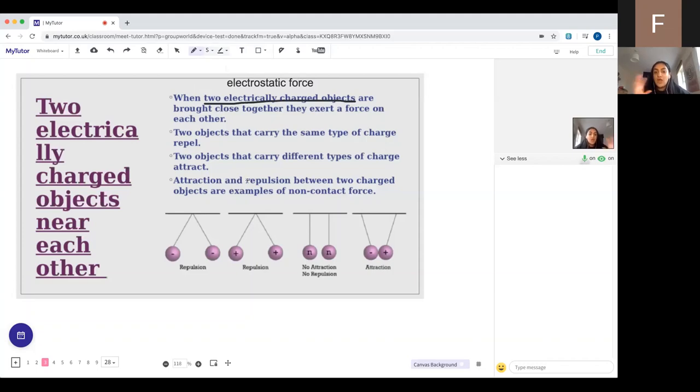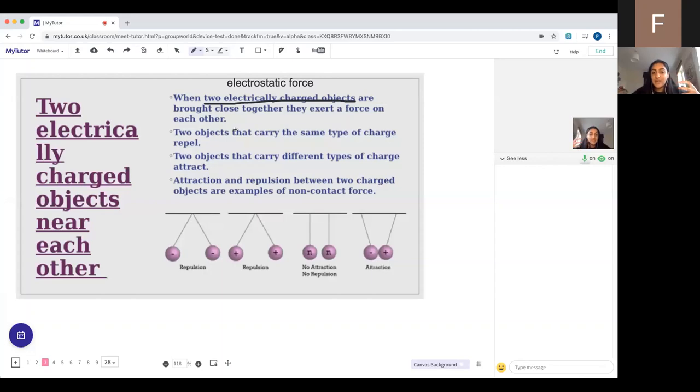If you've done magnetism at school, you might remember putting a north pole and a south pole together, and they attract because they're different. But when you put a north pole and a north pole together, they repel because they're the same. It's very similar with the electrostatic force.